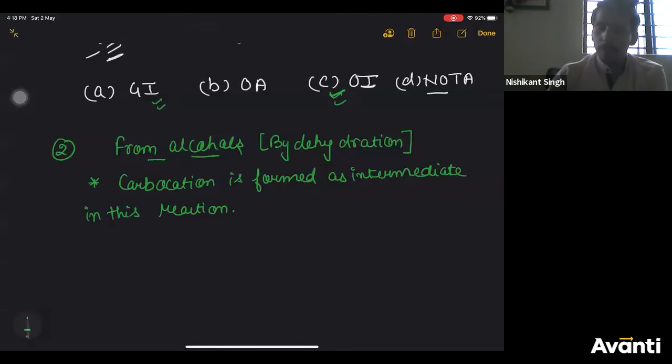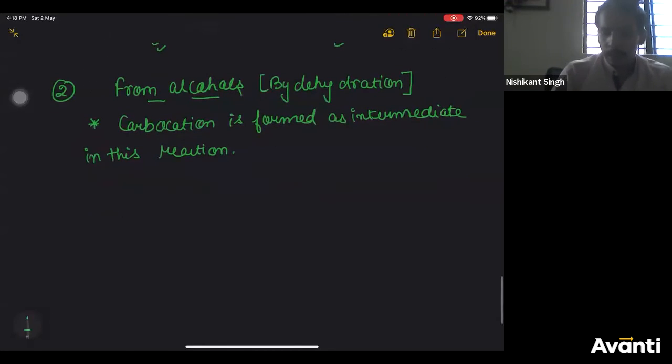For example, let's simply take ethanol, CH3CH2OH, the smallest possible. I'm going to write the reaction for ethanol.